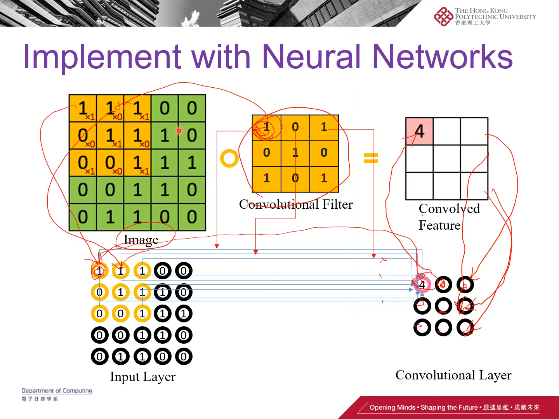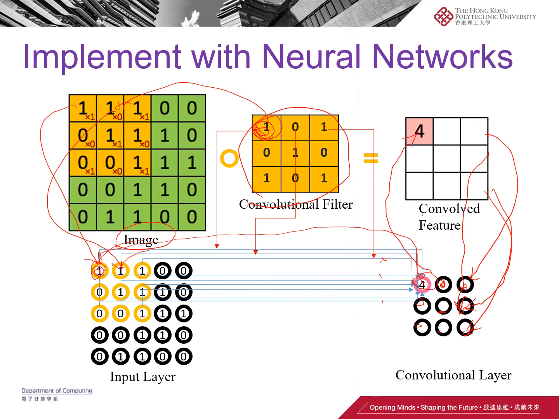If it's an edge filter, then we will have the edges detected in here. When you organize the result as a convolutional layer of neurons, that information will be saved in those neurons. So this is the convolution process we have.